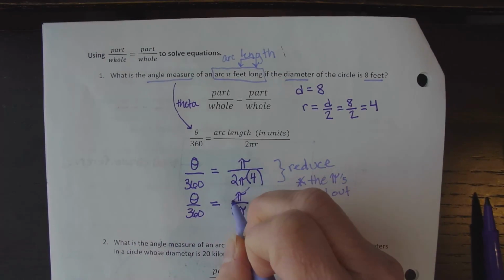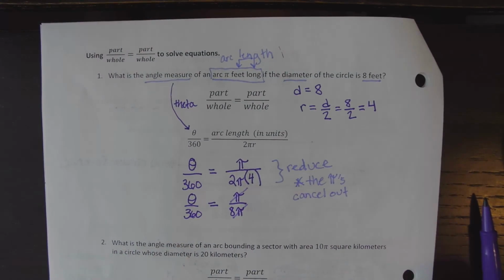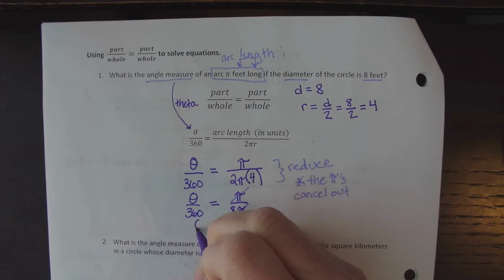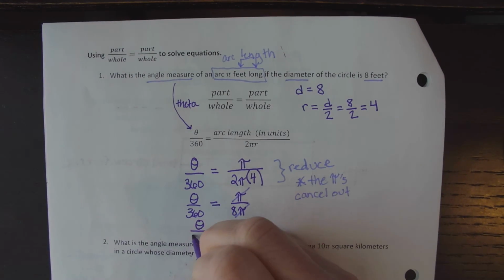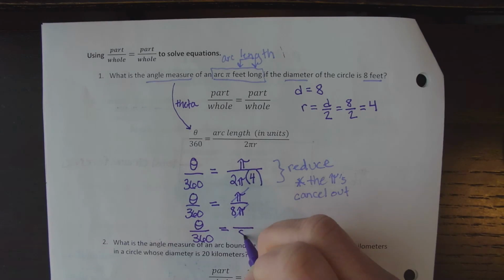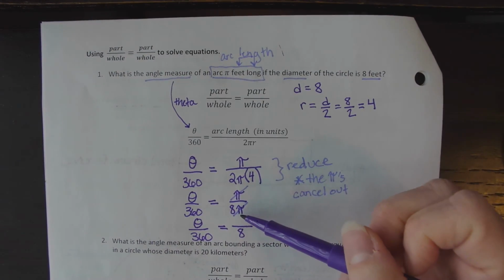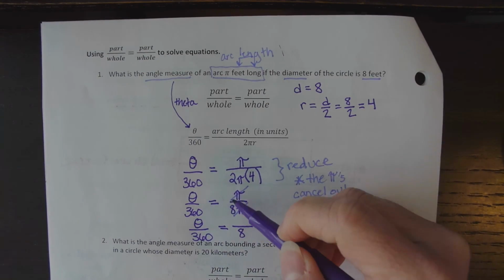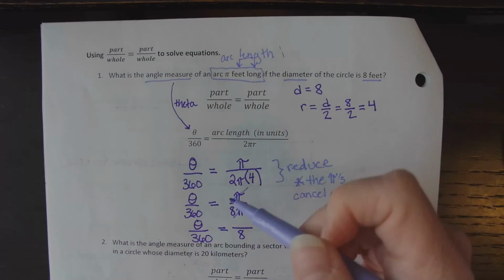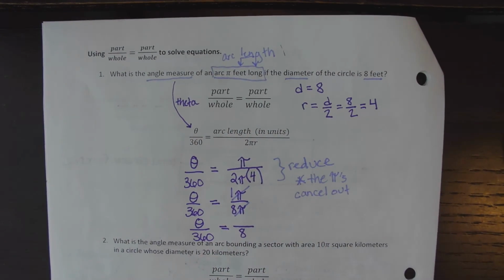Look, there's one on top, one on bottom, so they cancel out. So I have theta, remember that's my unknown, over 360 is equal to something over 8. Well, what goes in the numerator if they cancel out? Well, remember I said it was 1 pi. So there's really a 1 up here. If things cancel out and the numerator is left empty, put a 1 in there.